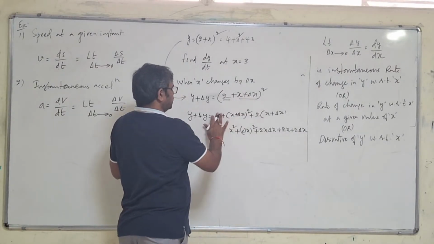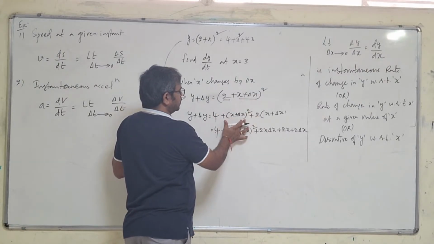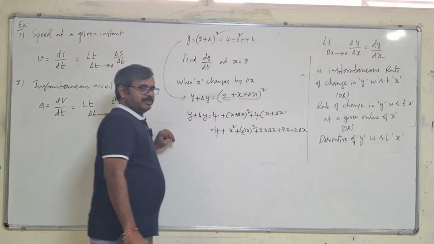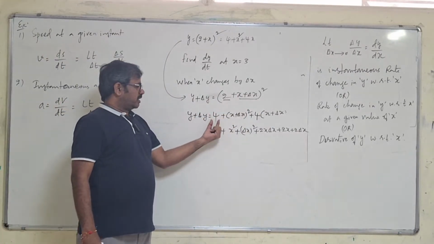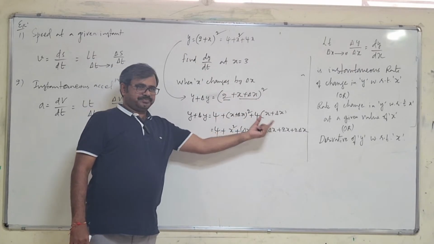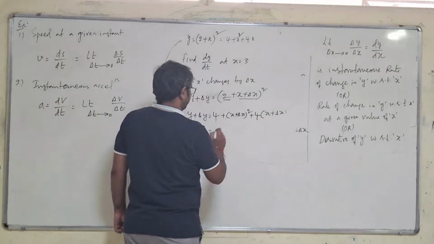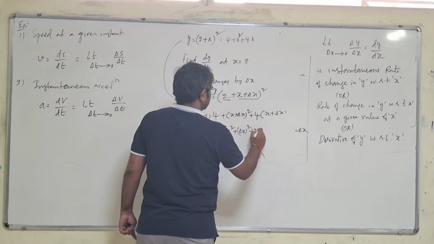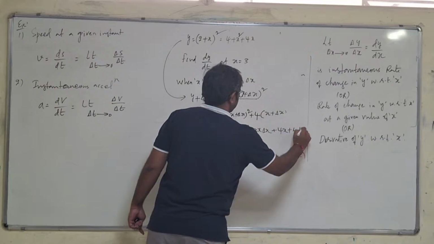This is 2 square, 4. x plus delta x whole square, 2ab, a plus b, a square plus b square plus 2ab. 4 plus x square plus delta x whole square plus 2x delta x plus 4x plus 4 delta x.